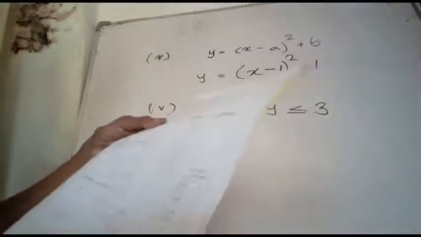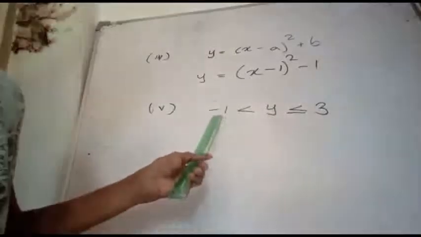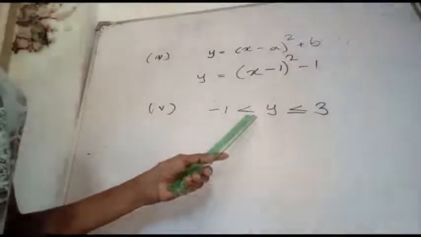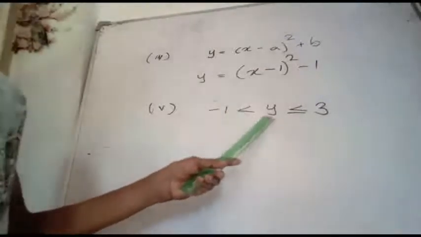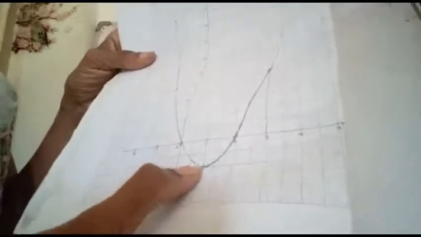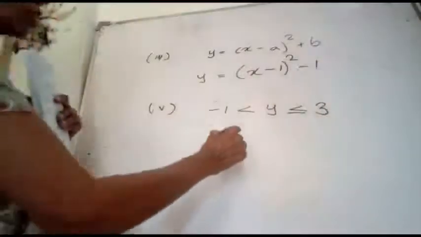We must find the range of x when the value of y is greater than -1 and less than or equal to 3. Here, when the graph is here, the value of the graph is -1. The value of x is 1.